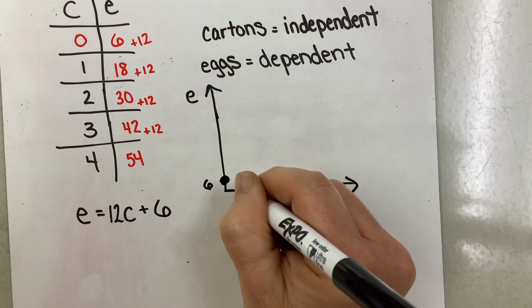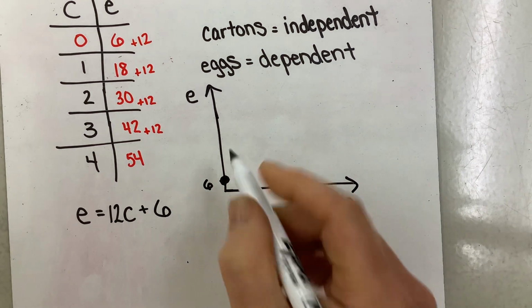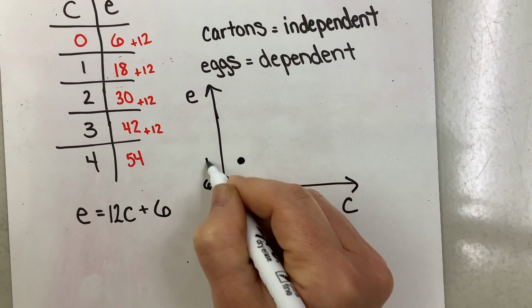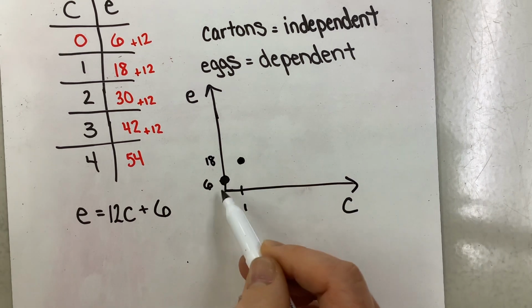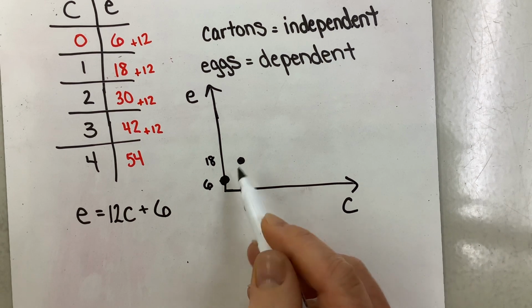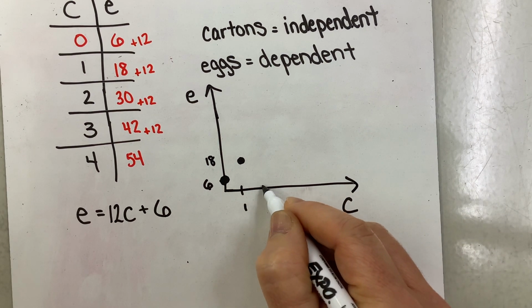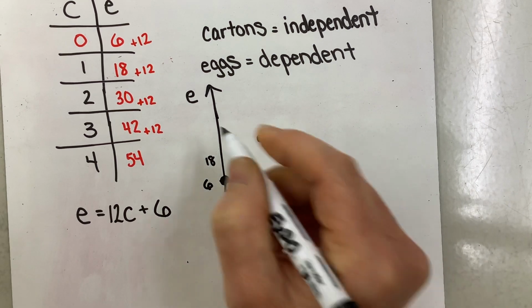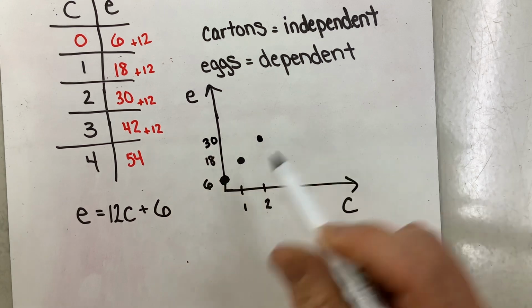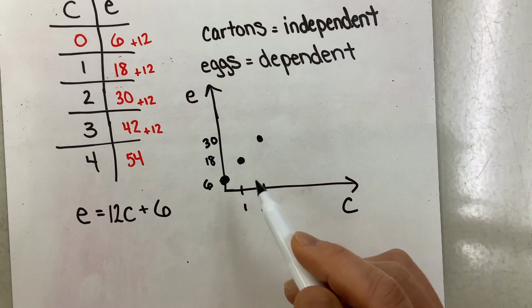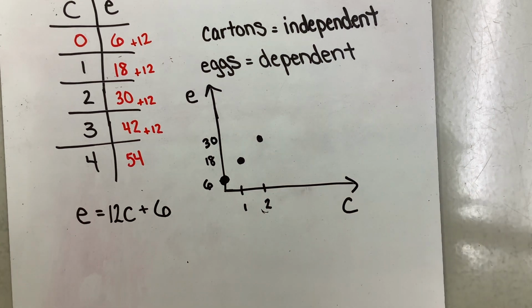Now when I buy 1 carton, I now have 18 eggs because I have 12 that I bought in here plus the 6 that were already here. When I buy 2 cartons, I am now at 30 eggs because I have 24 plus the 6 that were left over, and it will continue on.